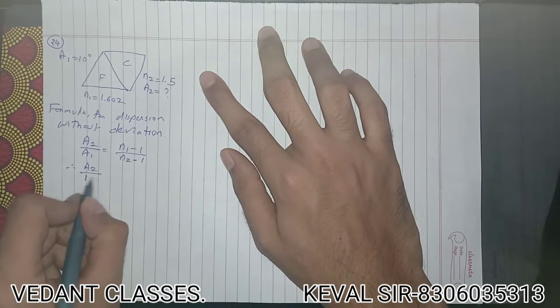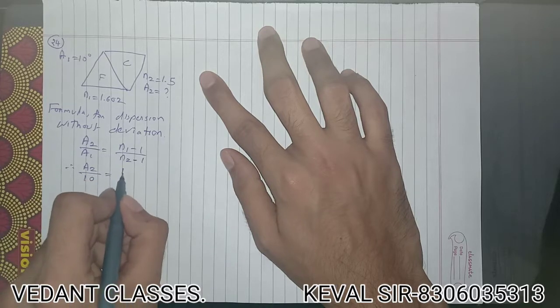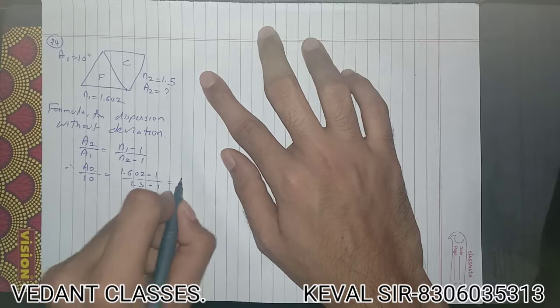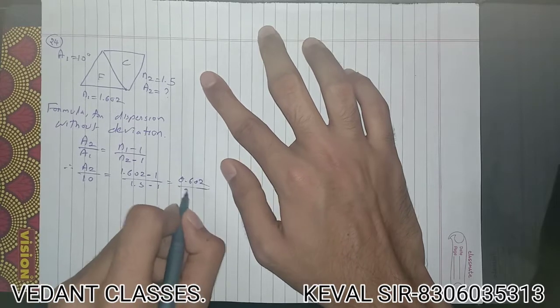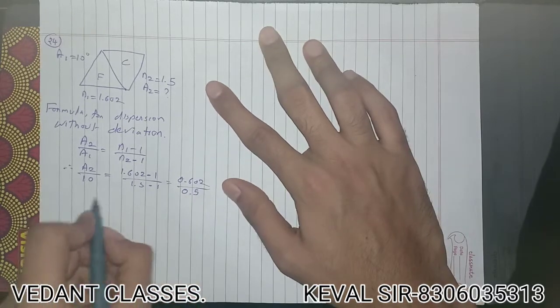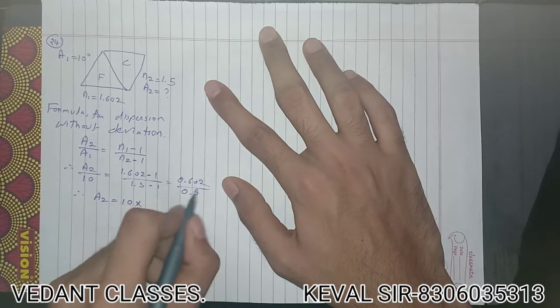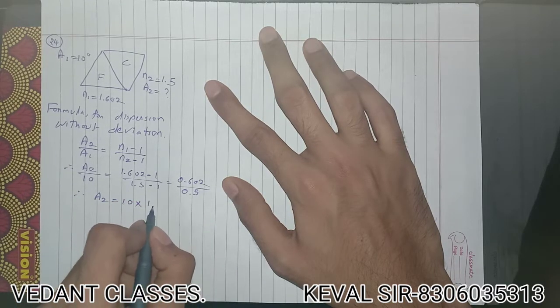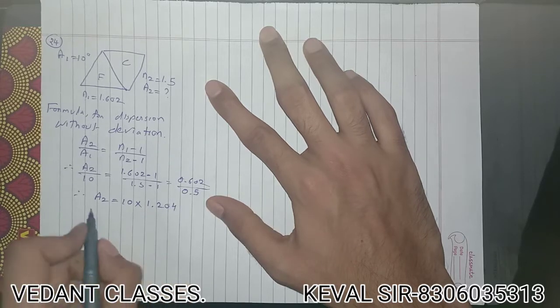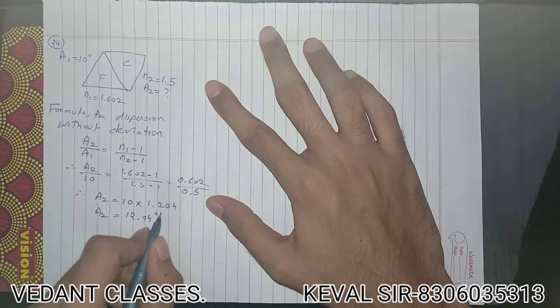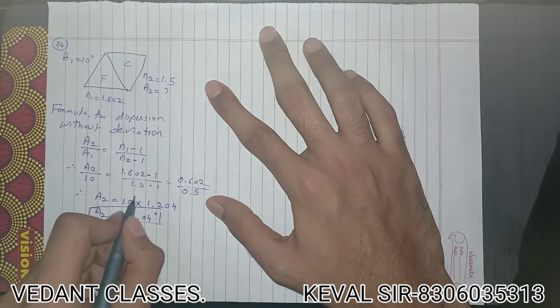So this will be A2 by 10 equal to (1.602 minus 1) upon (1.5 minus 1). This will be 0.602 and this will be 0.5. Therefore the value of A2 will be 10 into 1.204, which is 12.04 degrees.